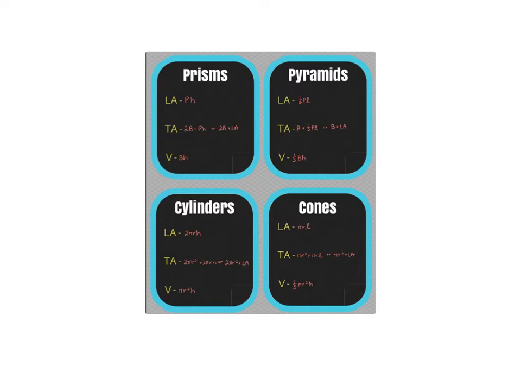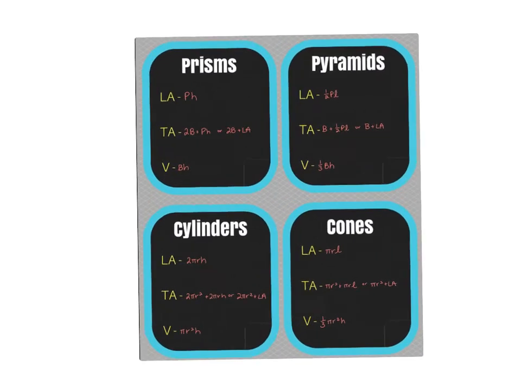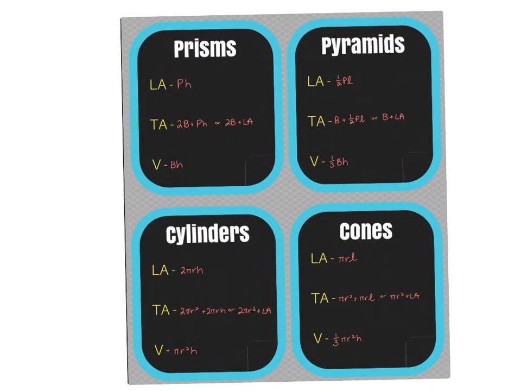Okay, so whether or not you want to have this written down as a quick reference for the test, that's up to you. However you want to write down these formulas. Now, you might also want to draw yourself some pictures.